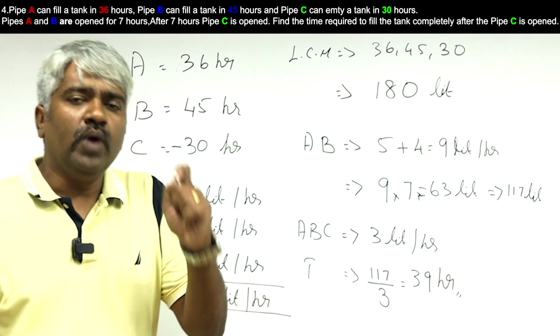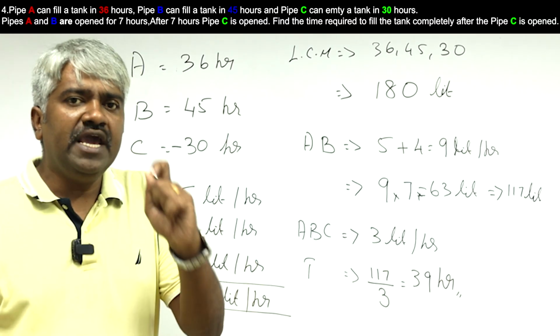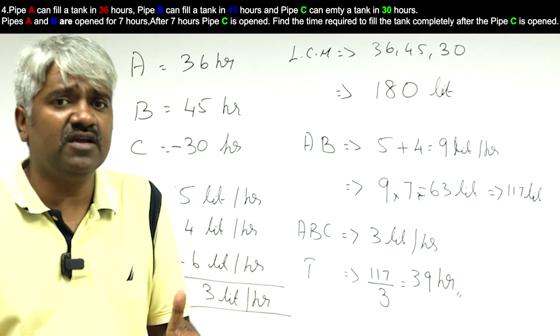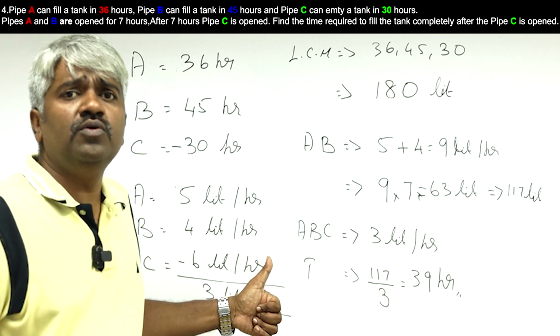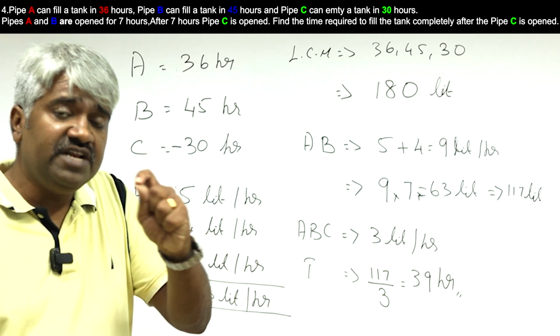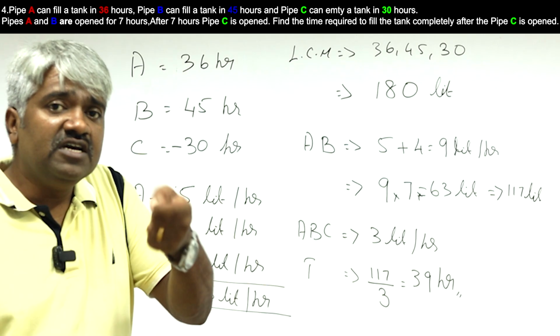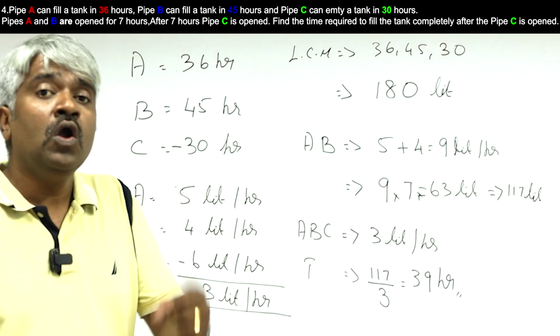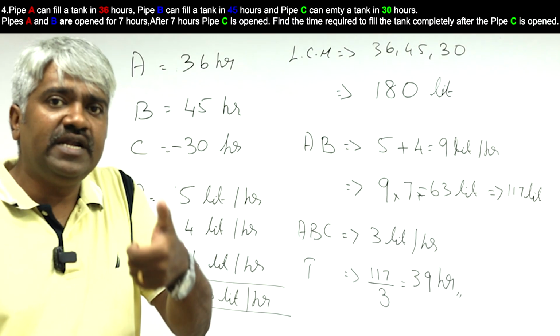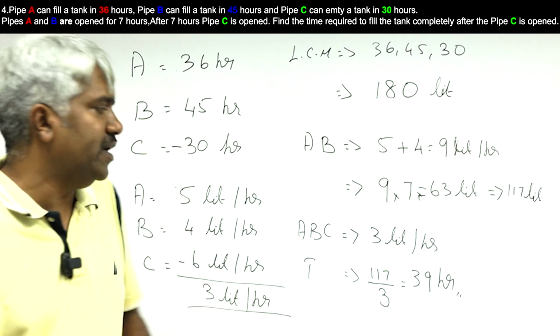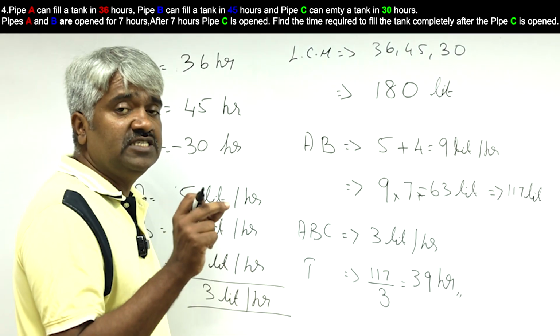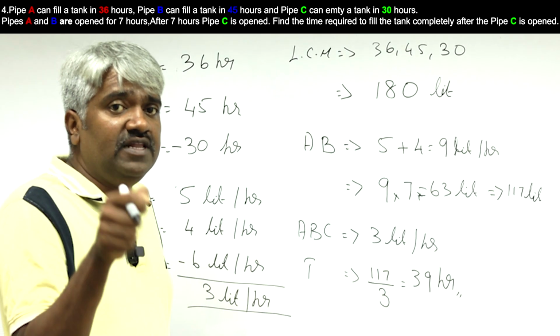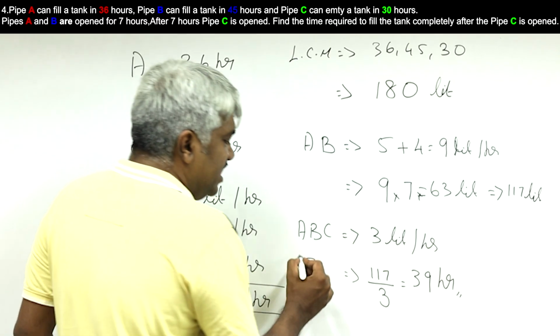While solving this question, make sure that you do not make a silly mistake. So, what is the silly mistake which I am going to do in this problem? Read the question very carefully. Whether the question asks what is the total time taken to fill the tank, or what is the time taken after pipe C is opened. When the question is, what is the time required to fill the tank after pipe C is open?